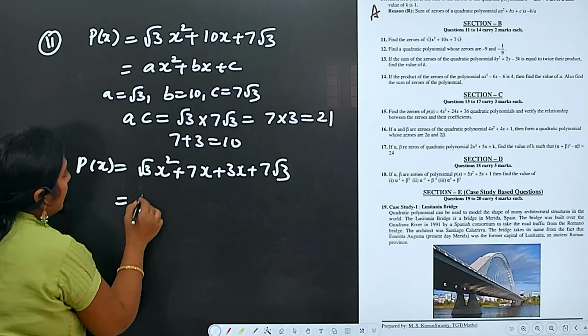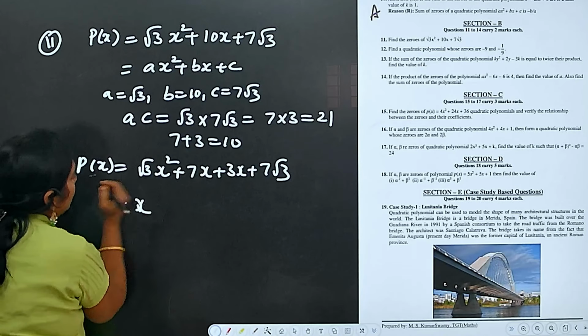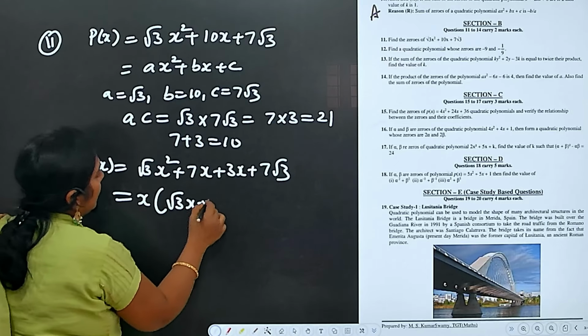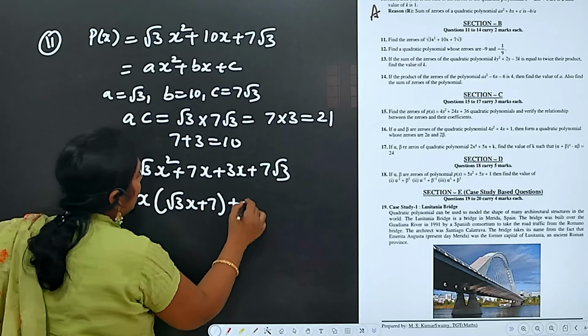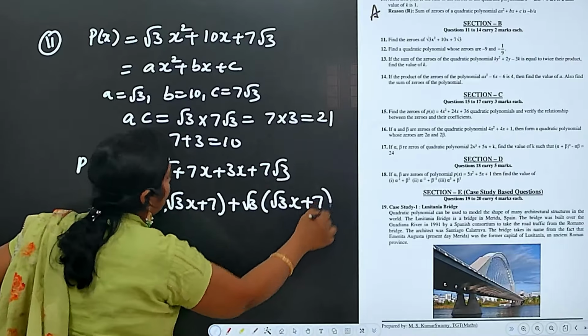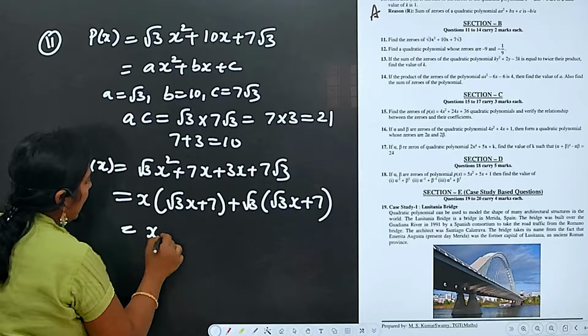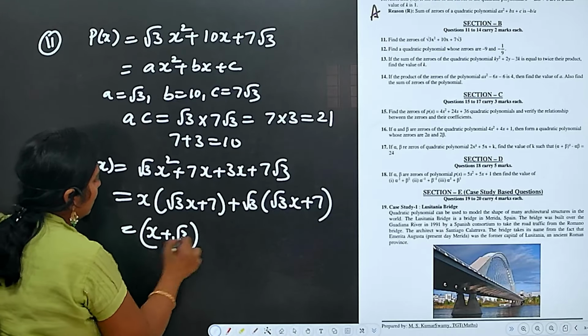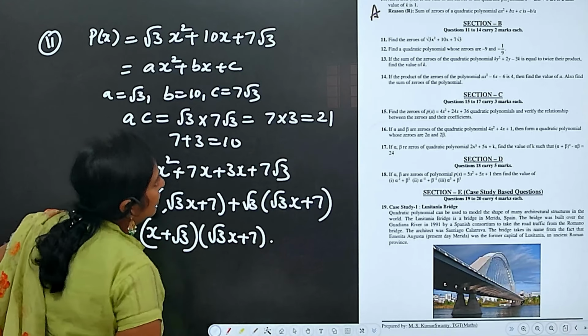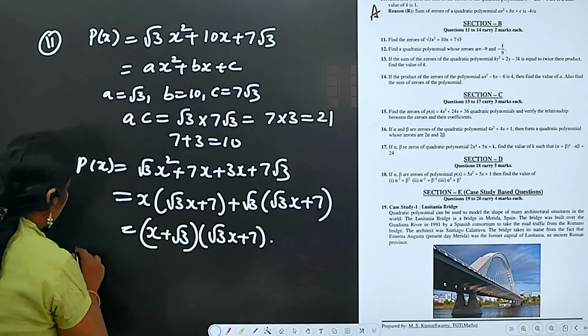Here x is common in the first two terms: x into root 3x plus 7. In the last two terms root 3 is common: root 3 into root 3x plus 7. So x plus root 3 is one factor. Root 3x plus 7 is the other factor. So what are the zeros?